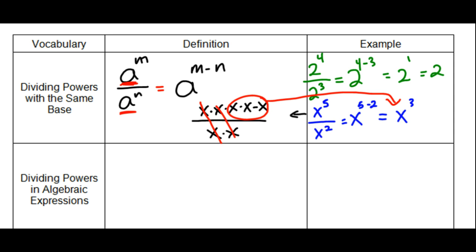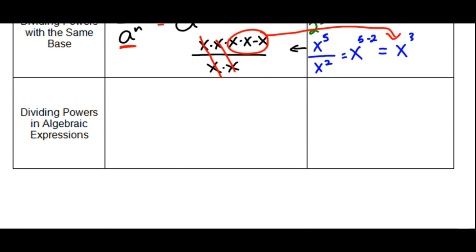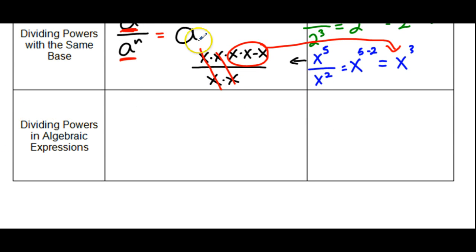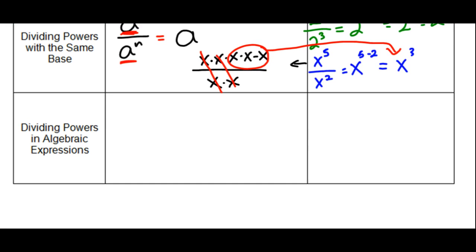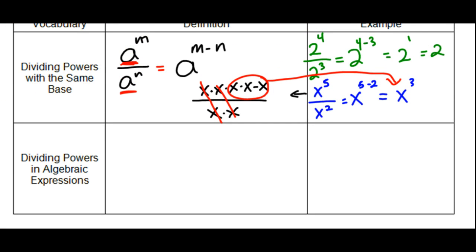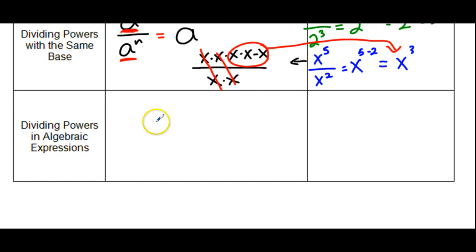Let's look at another definition, dividing powers in algebraic expressions. So what that means is that we have not just this up here, but a couple more variables and expressions, right?